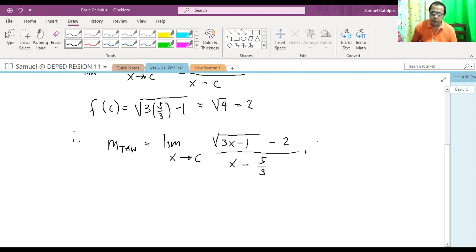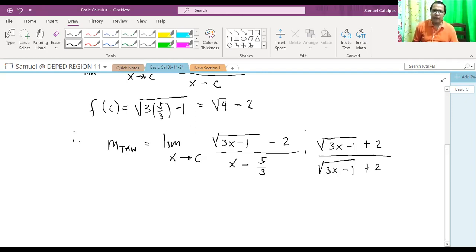So square root of 3x minus 1. So opposite sign man, so plus na kadiha og 2. Over square root of 3x minus 1 plus 2, kay nag-multiply man ka diha, mag-multiply pud ka sa baba.